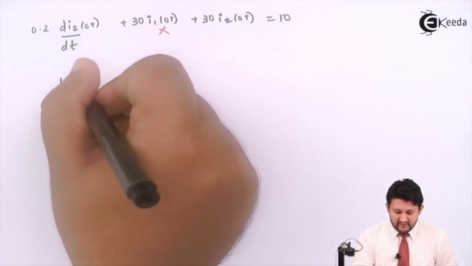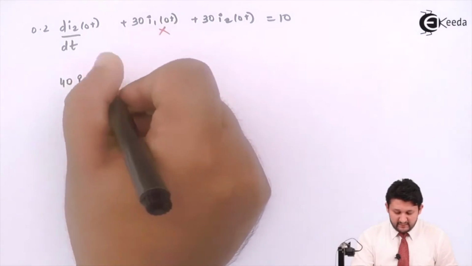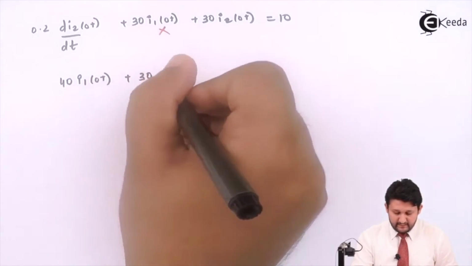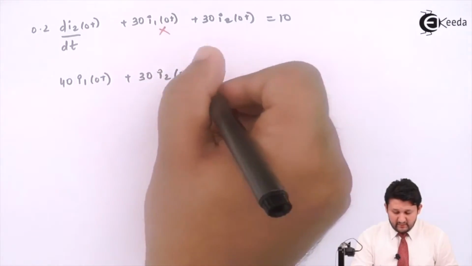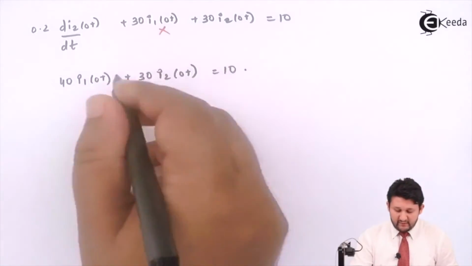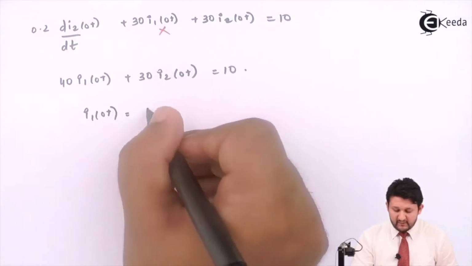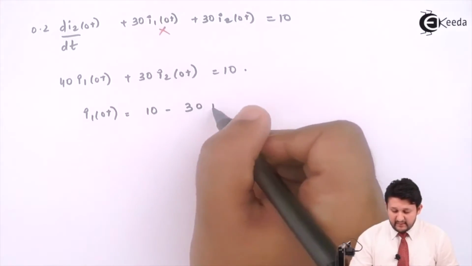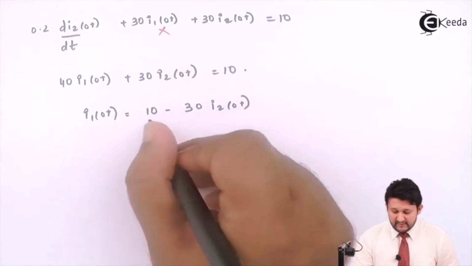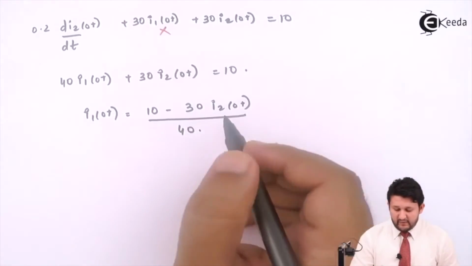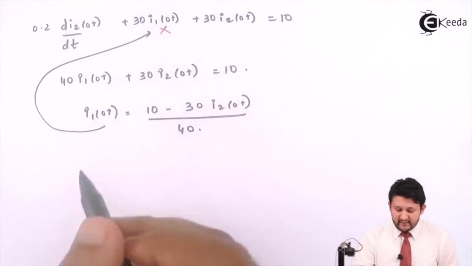The equation number 1 which we got is 40 I1 of 0 plus 30 I2 of 0 plus equal to 10. From this equation, I need to find the I1 value. So here I1 of 0 plus will be equal to 10 minus 30 I2 of 0 plus, whole upon 40. So put this I1 value in this equation.